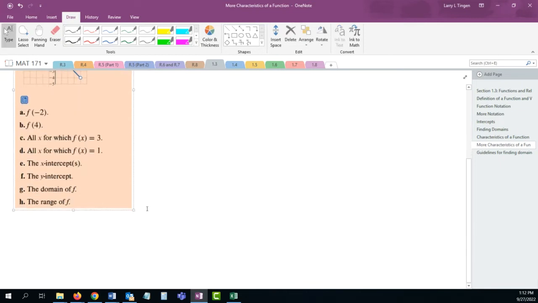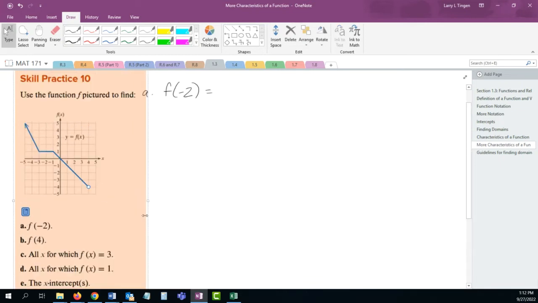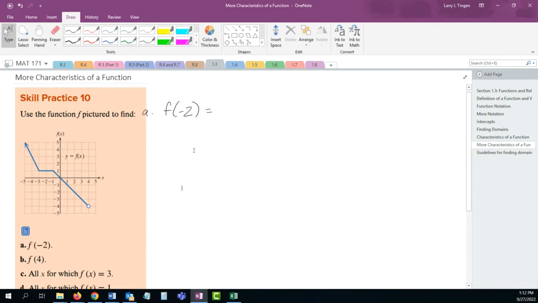If I make this too large, when I print the screen, it takes up the whole screen, or it makes 2 pages. So what is f at -2? Go to our graph. X is -2, y is 1.